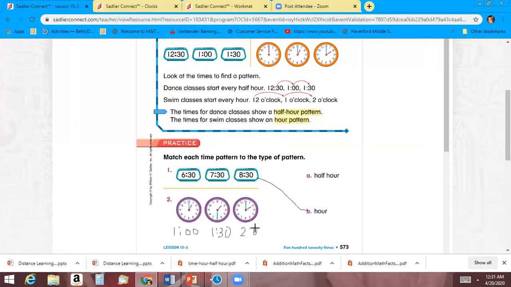So when I look at that pattern, I'm noticing that the minute hand has stopped halfway around each time. So this is showing me a half-hour pattern. So you can go ahead and draw your lines so you can see which clock is showing an hour pattern and which one is showing a half-hour pattern.